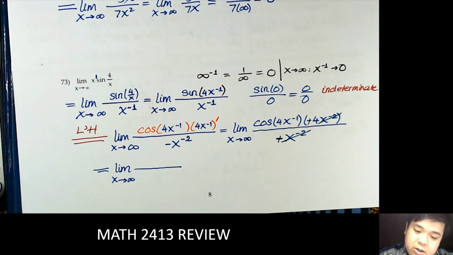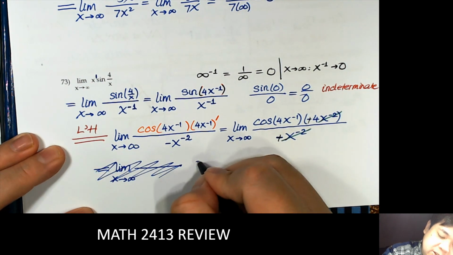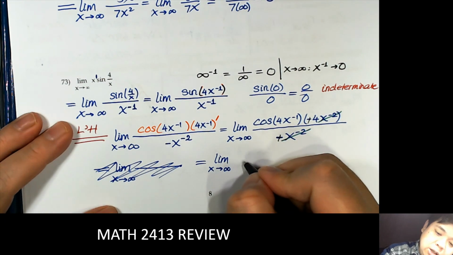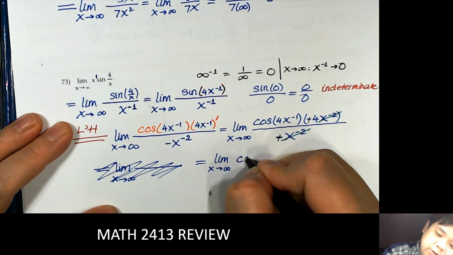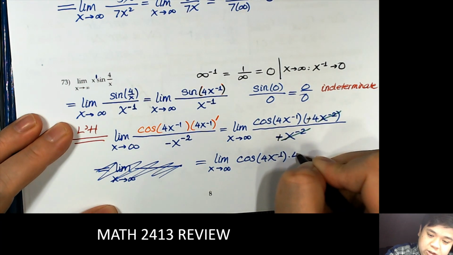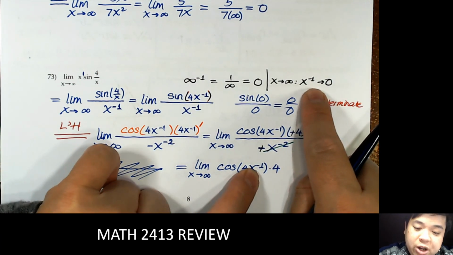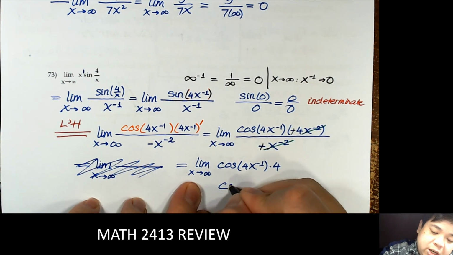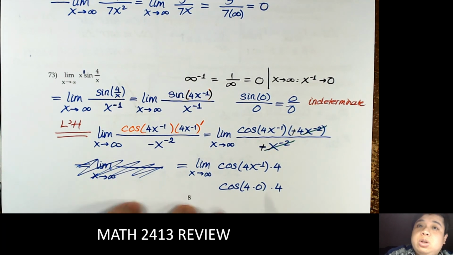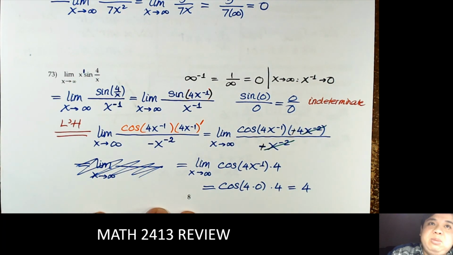And there's a 4. And there's nothing at the bottom, so we don't need the denominator. So we just have cosine of 4x to the negative 1 times 4. Notice, as x goes to infinity, x to the negative 1 goes to 0. So here we just have cosine of 4 times 0 times 4. Cosine of 0 is 1 times 4 is 4. So that's a nice number. So we make the limit equal to it.